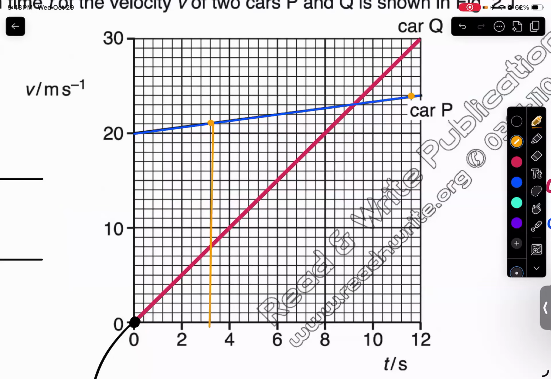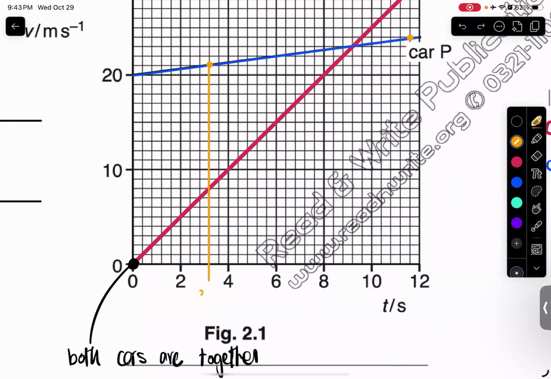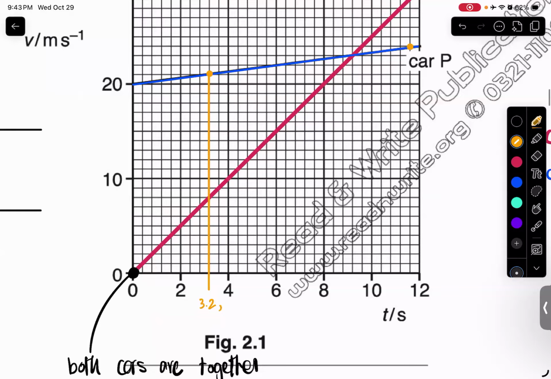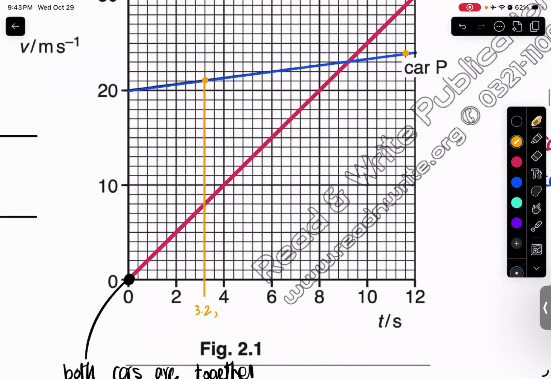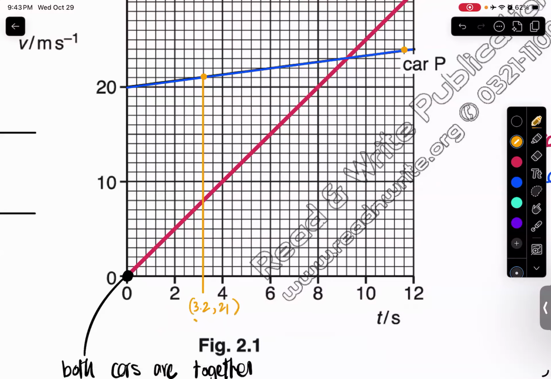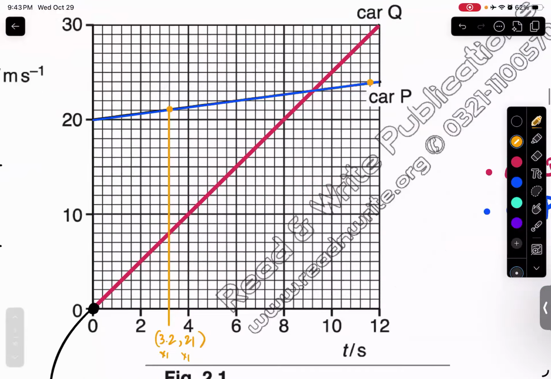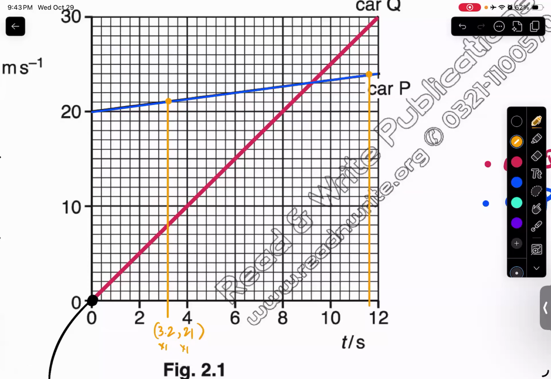This is going to be 2.4, 2.8, and 3.2. So this is 3.2. And what is it on the y-axis? That is 21. So this is x1 and y1. Now let's choose this point.